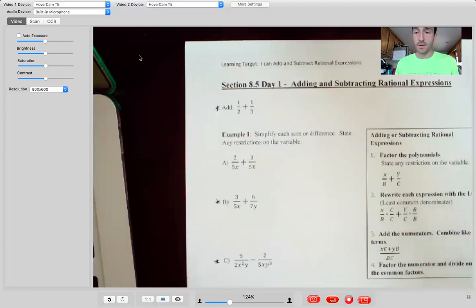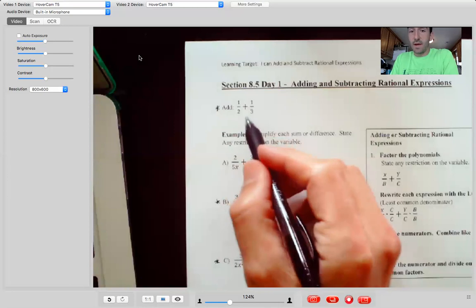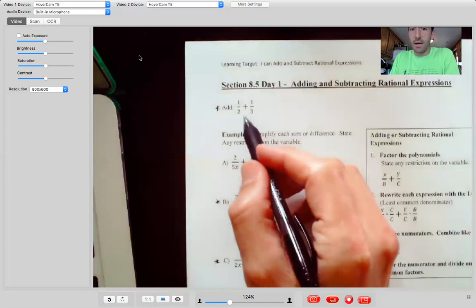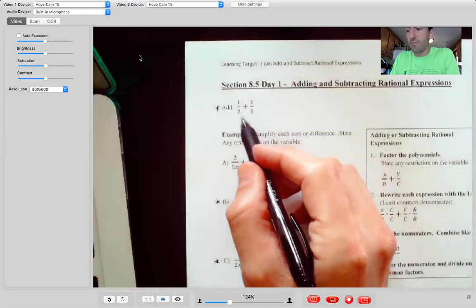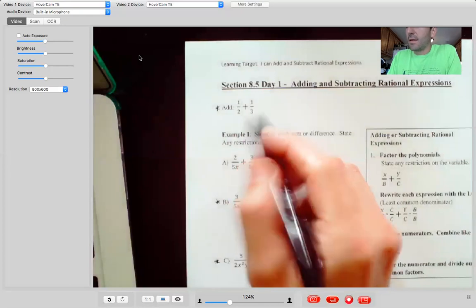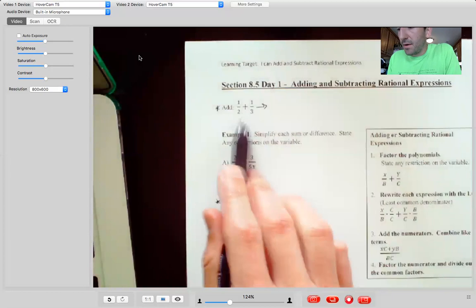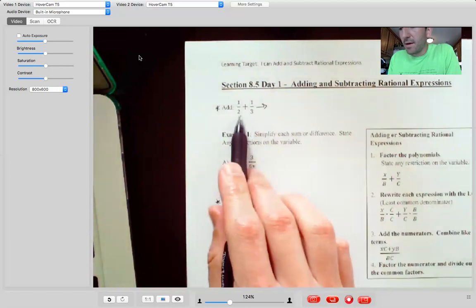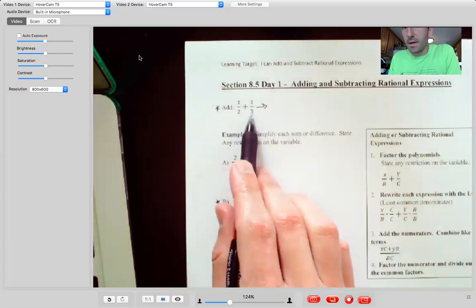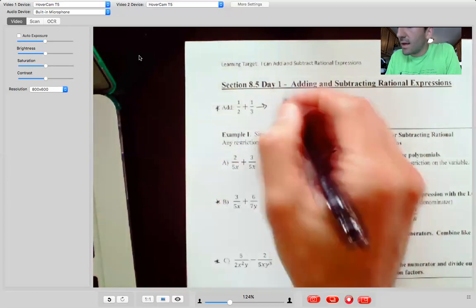Okay, so to start, we're going to start with just a basic problem where we add two fractions, a half plus a third. To get our common denominators, basically what we want to do is multiply that one by 3 and that one by 2, and then we'll have the common denominator of 6.